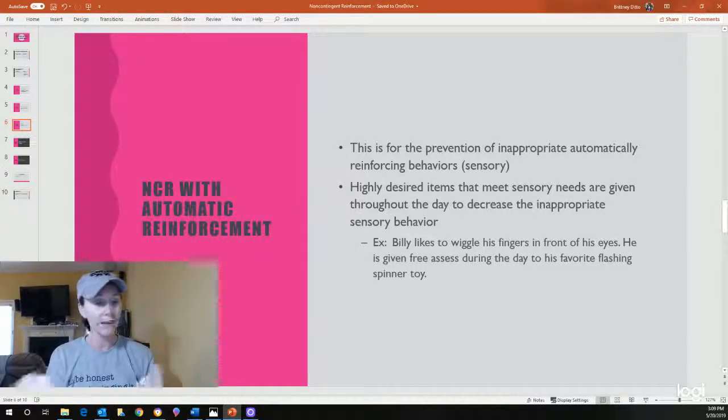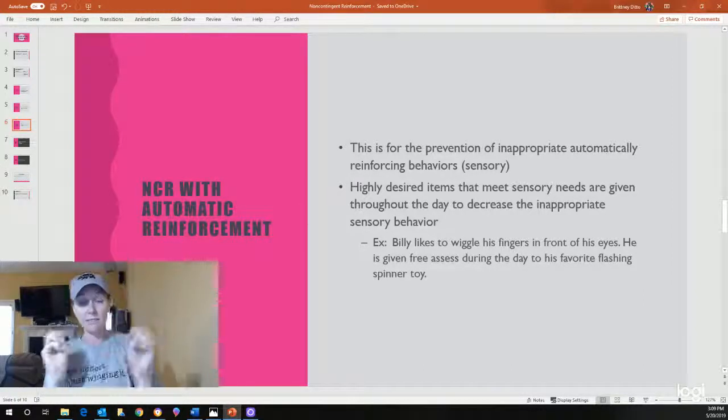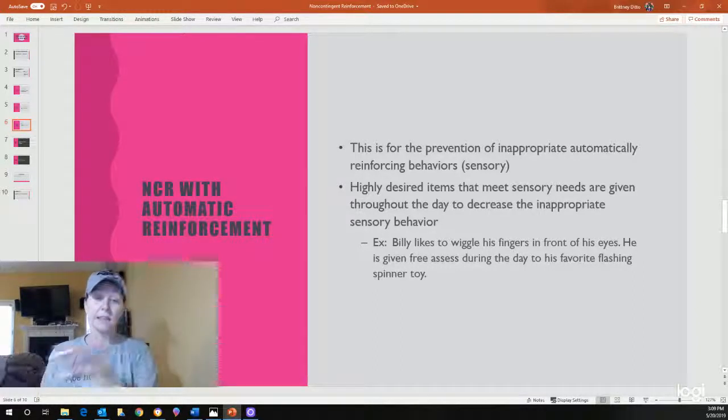He gets this every once in a while, and he can play with it for a while. The hope is that if he plays with this light that flashes and gets that sensory input, that will fill that tank up, like we talked about before, to where he doesn't need to flick his fingers in front of his eyes.